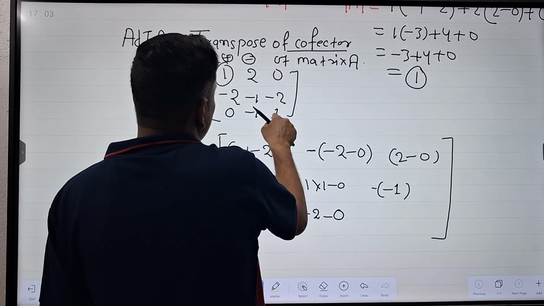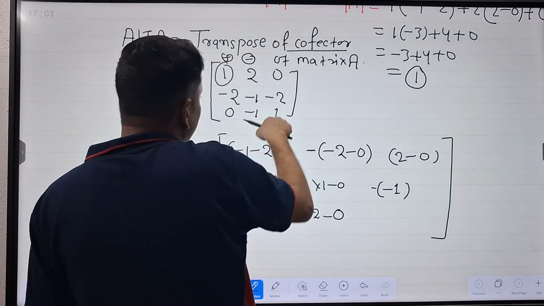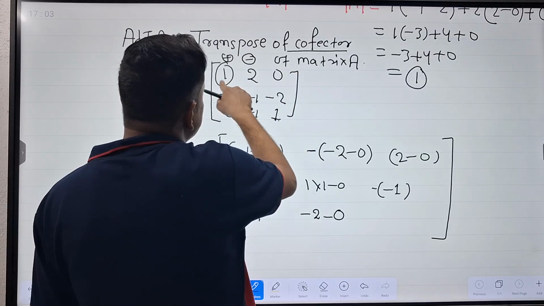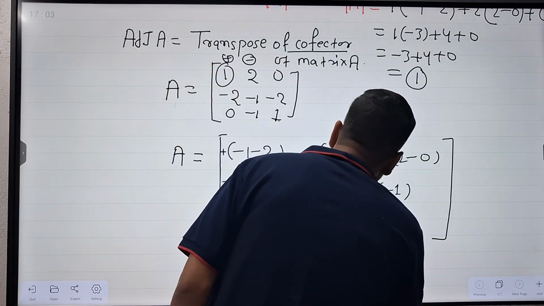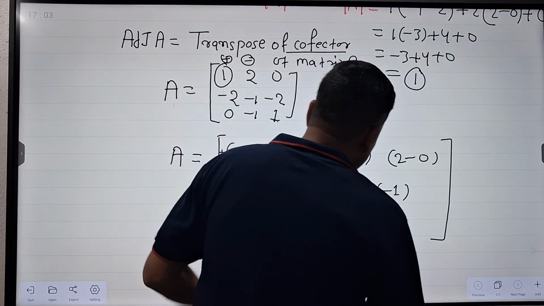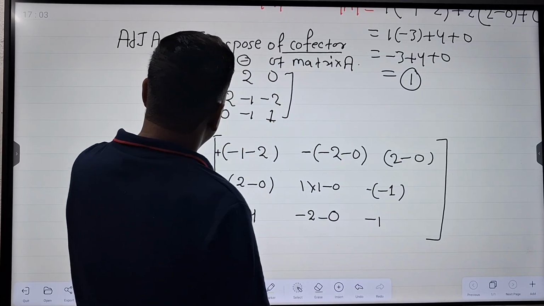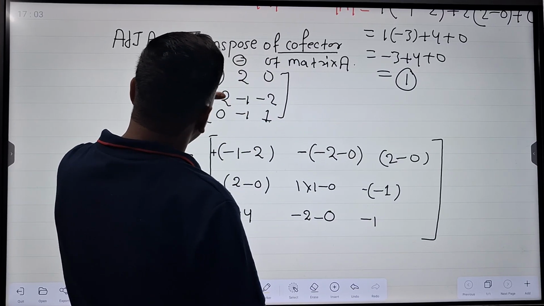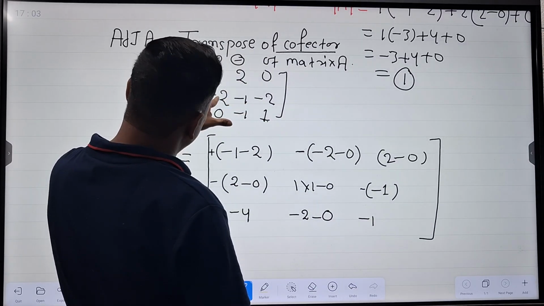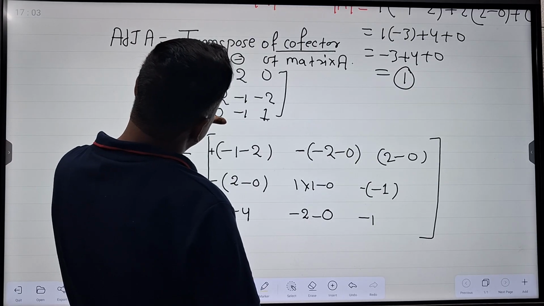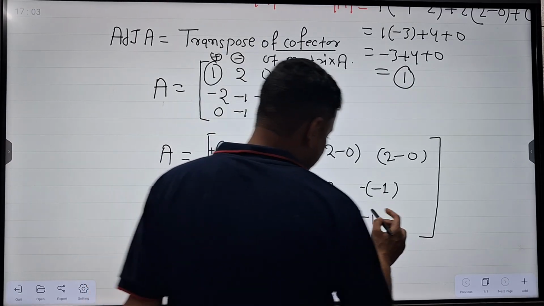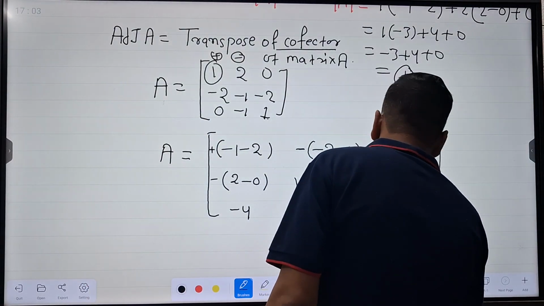And for this element, 1, this row and this column will cancel, so 1 into 1 minus 1, minus 1, and minus 2 into 2, minus 4. That means plus 4.